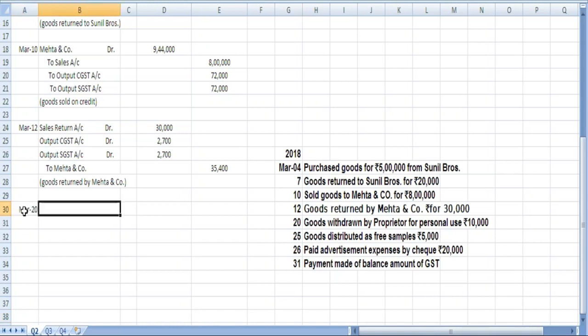March 20, here it says goods withdrawn by proprietor for personal use 10,000. Now whenever there is a personal use, we write drawings account. Now since goods are withdrawn, instead of goods what we write?